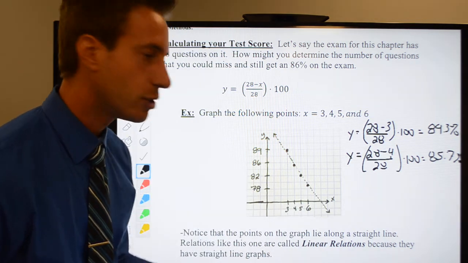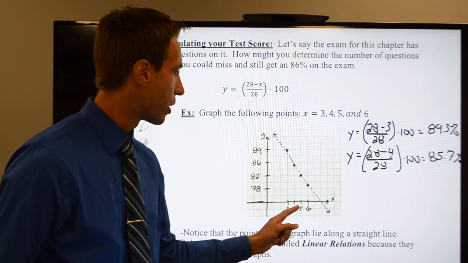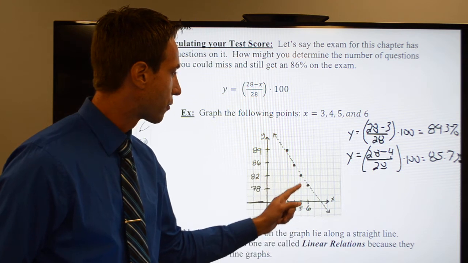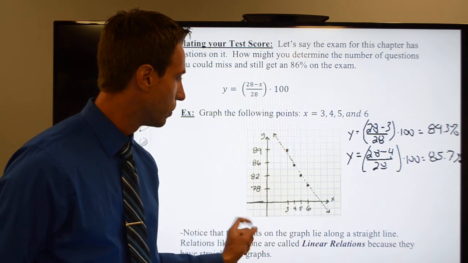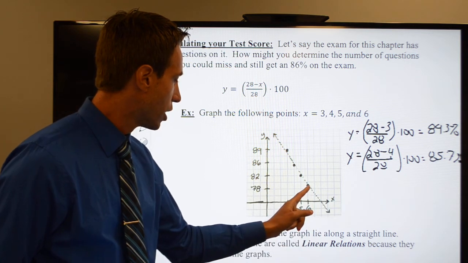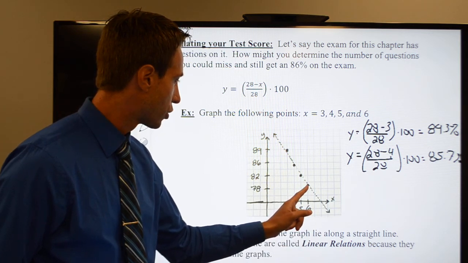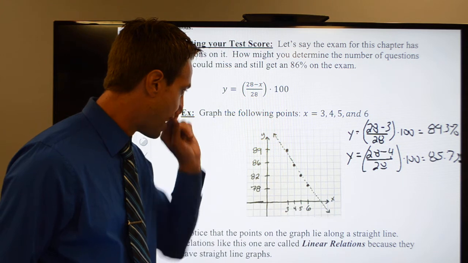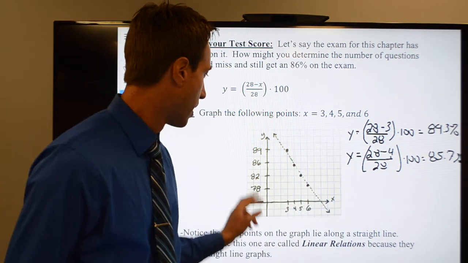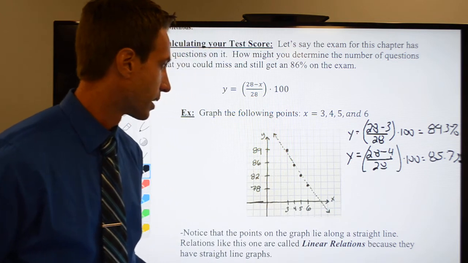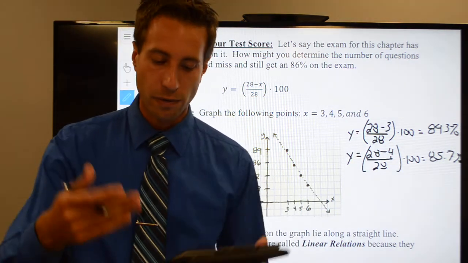You could go ahead and do the rest of them if you'd like. I've already plotted them. If you miss 5 questions, you're down somewhere around an 82. If you miss 6 questions, you'd be at a 78.6. Feel free to try the rest of those.